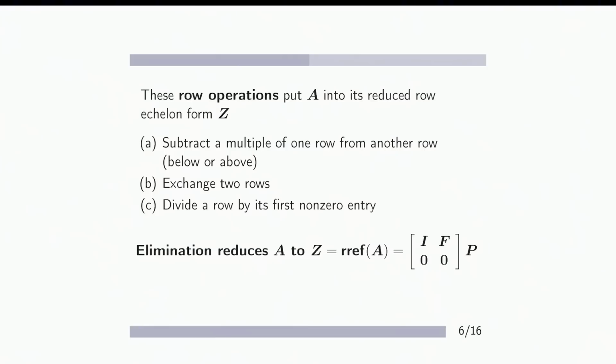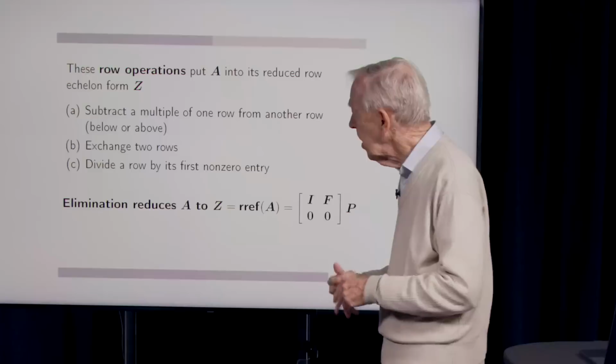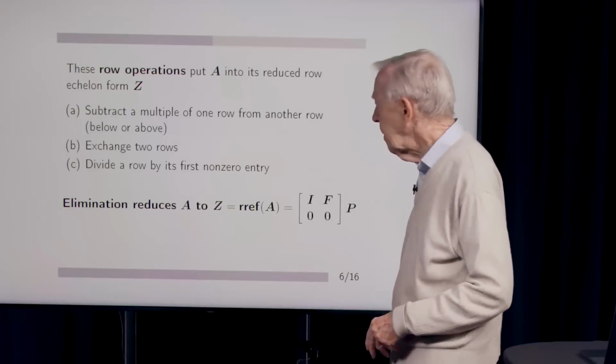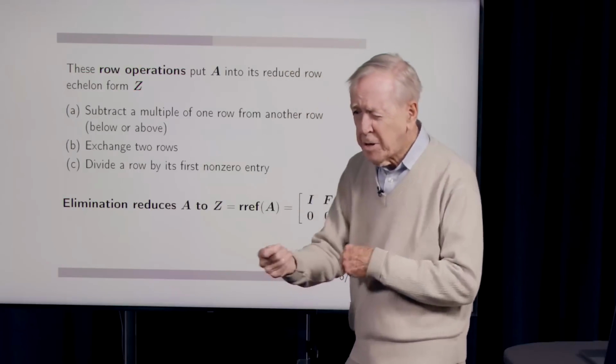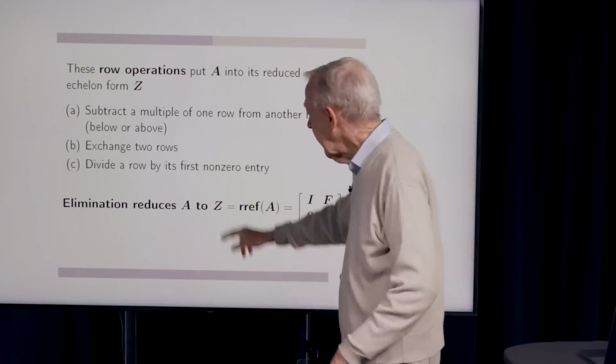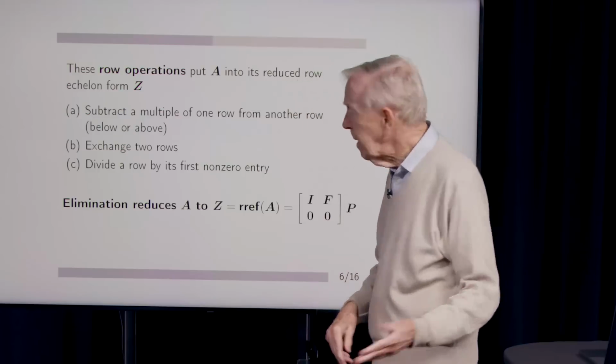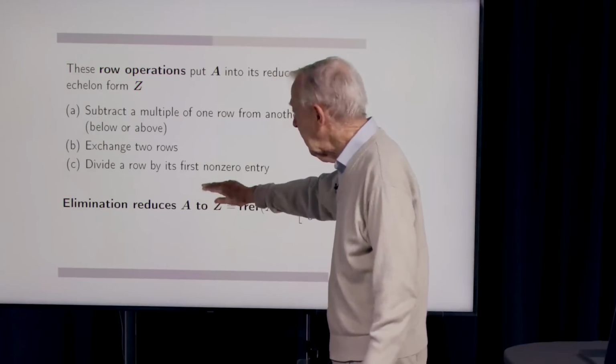If I had a 2 in the top left corner, I'd rather have a 1, so I just divide that row by 2. And this is the main step, to subtract a multiple of one row from another row. That doesn't change the row space, just changes the rows themselves, but their combinations have not changed. All these three steps are reversible. If I exchange 2 rows, I could exchange them again and I'd be back to where I started. If I divide by 7, then I could multiply by 7.